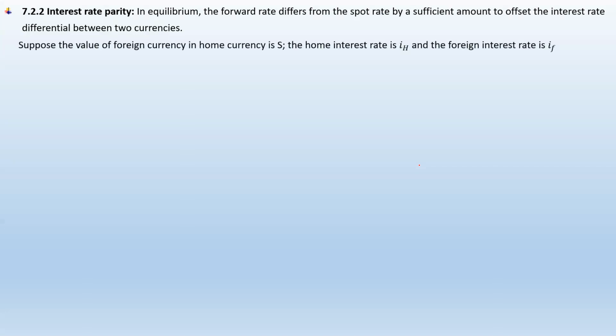So suppose, remember the first case, we have US dollars, and the US interest rate is 2% and the UK interest rate is 6%. This is UK's interest rate, this is US interest rate. And S is $1.4 per pound. This is the spot rate.